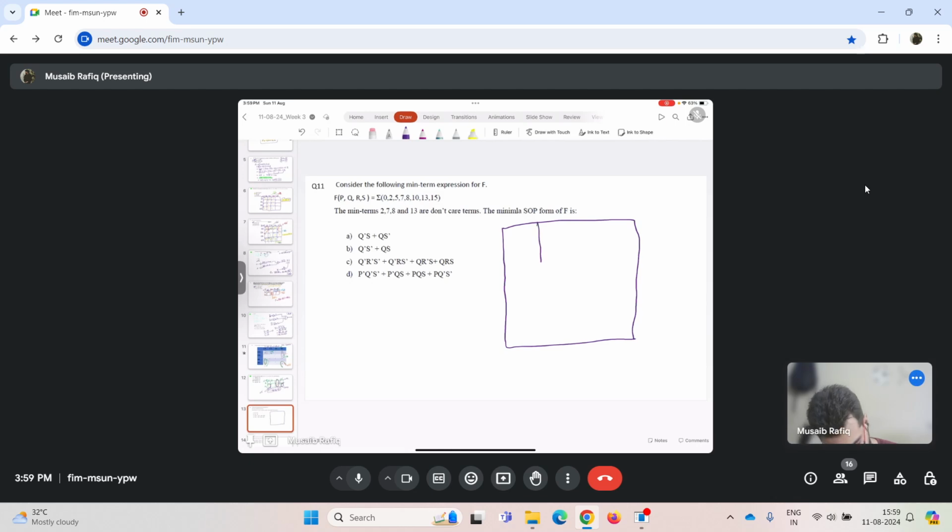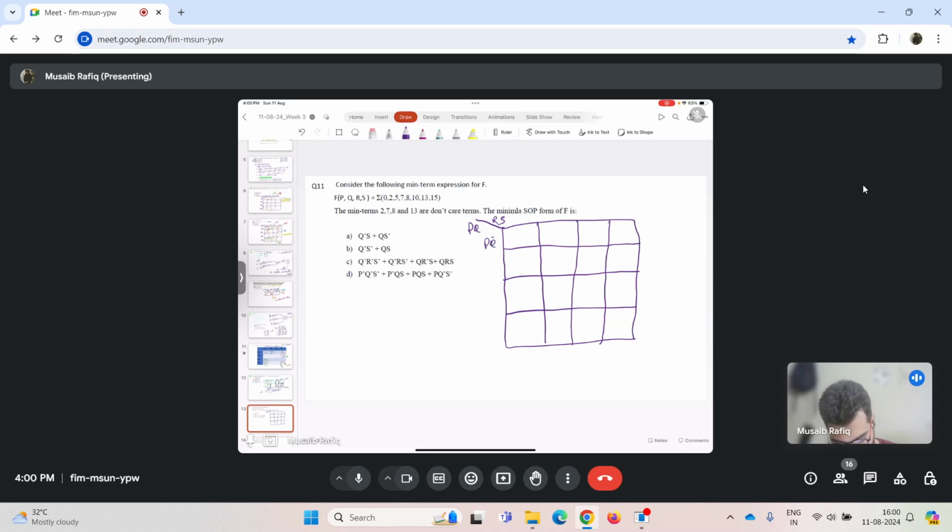like this. I'm repeating these steps again and again because I want you to be very well practiced with this, so that you won't make any mistakes in your assignments and exams. So this is PQ, this is RS.